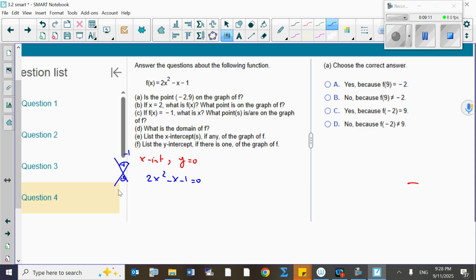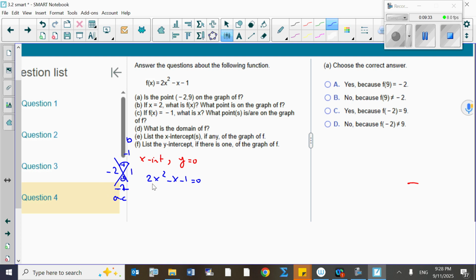If I multiply, I get 2 times -1, which is -2. This is the b value, which is this one. And this one is a times c. That's the coefficient of x squared times the constant value. So the two numbers could be -2 and 1.